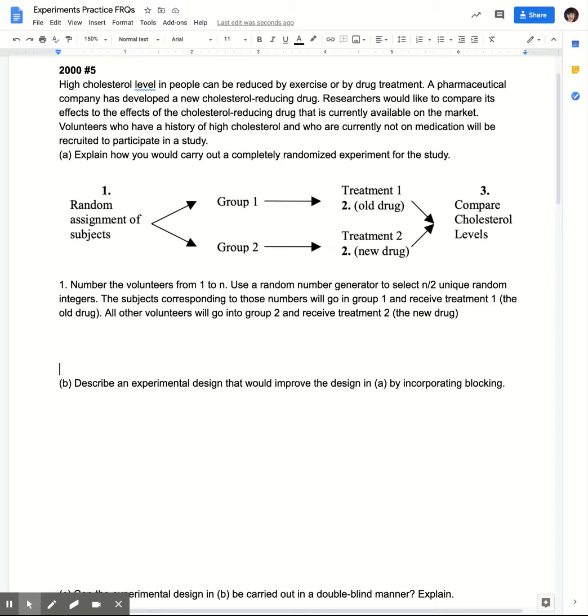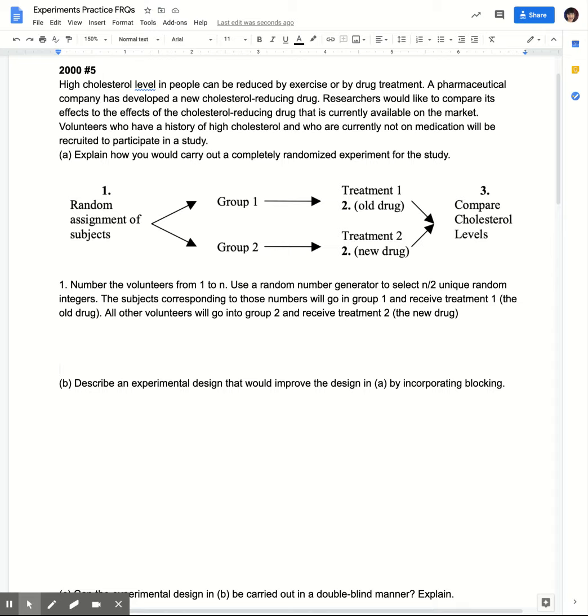And you choose your blocks based on what characteristics you think might affect the outcome of your experiment, that might possibly confound your experiment.